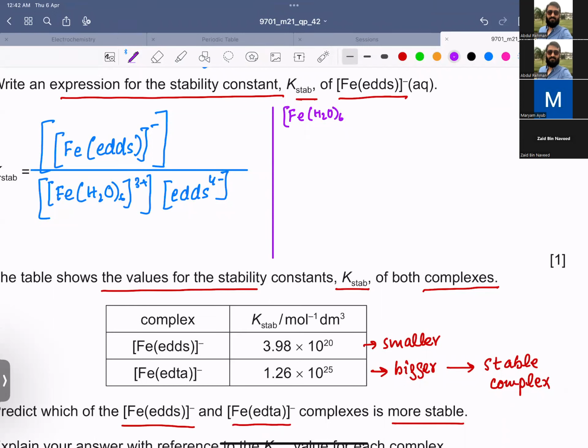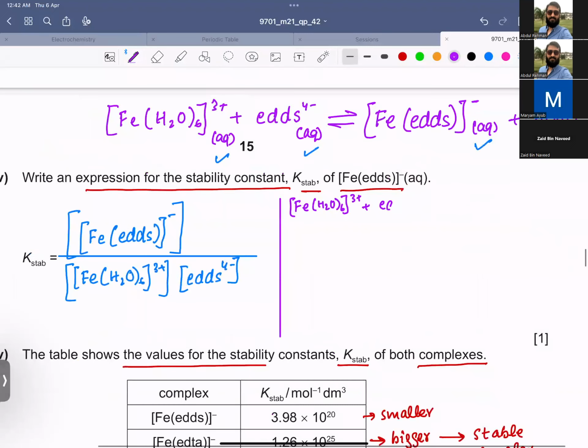For example, FeH2O6 3 positive is reacting with EDTA4 negative. We are going to get FeEDTA plus 6H2O.